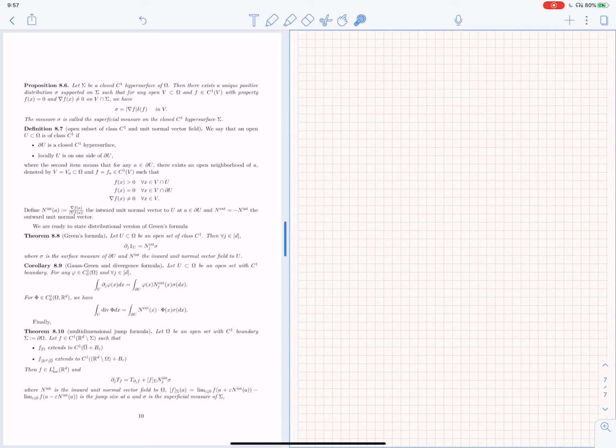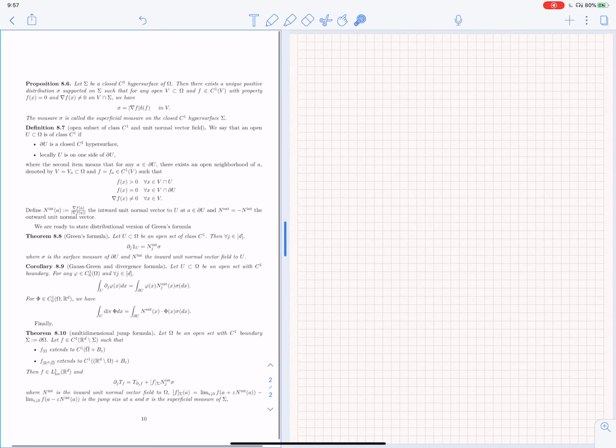Our idea is to use an approximation sequence of the indicator function. Since we have continuity of the derivative on the space of distributions, once we have the convergence towards the indicator of U, and take the derivative of the approximating sequence, it will converge to the partial derivative of the indicator, and we're going to show that this is equal to the right-hand side.